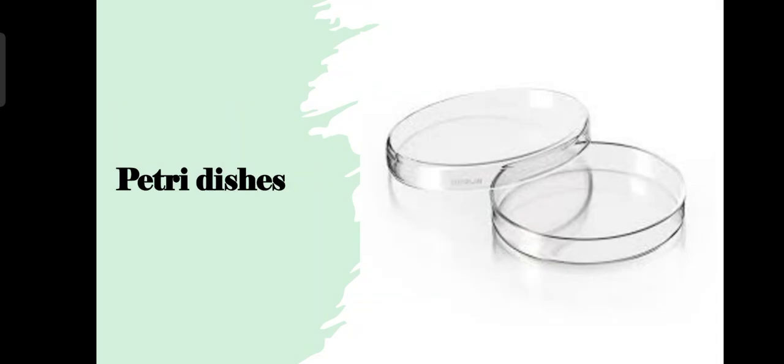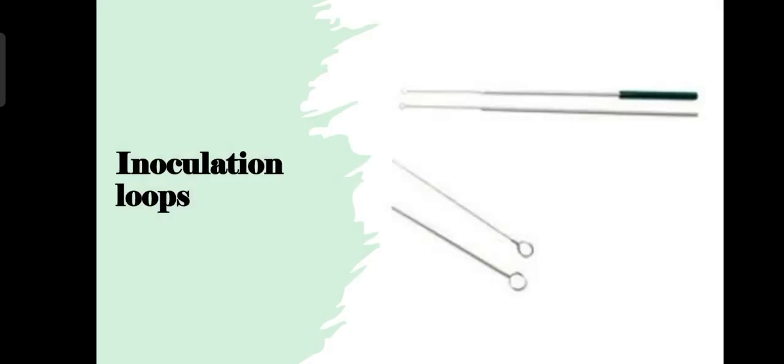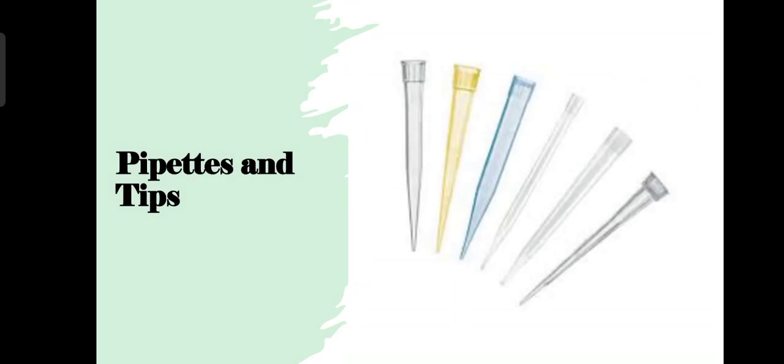The dish is used to culture cells by providing storage space and preventing contamination. Inoculation loops and needles are devices used for inoculation, streaking, sampling, and transfer of microbiological samples and specimens. Pipettes and tips are used generally for moving small amounts of liquid.